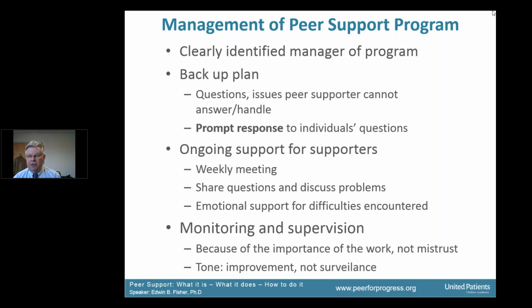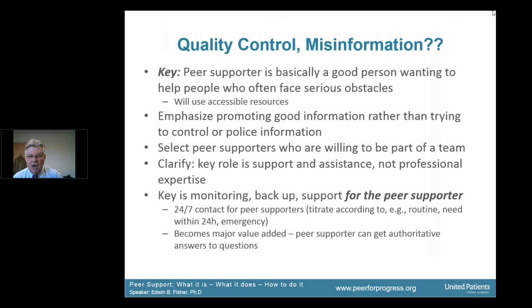And monitoring and supervision is important. It's important because of the importance of the work, not because we don't trust people. When something is important, whether it's surgery or flying an airplane, we monitor it, and peer support is important, so we monitor it. And so the tone of monitoring and supervision needs to be improvement, not surveillance. Everybody's concerned about quality control and misinformation. The key to this is that the peer supporter is basically a good person wanting to help people who often face serious obstacles.